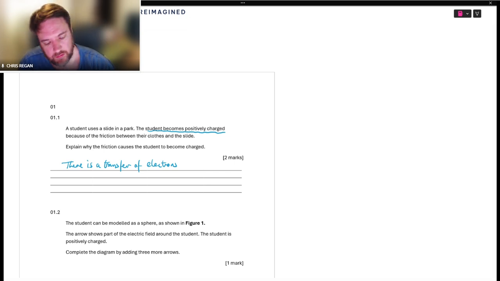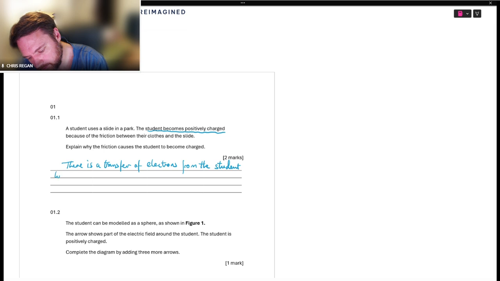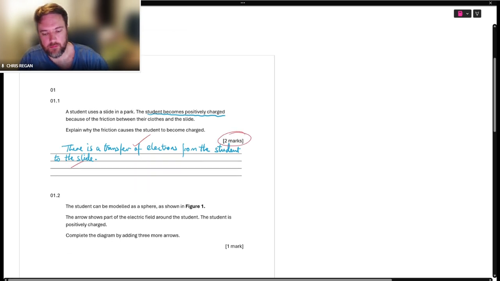Okay, so the transfer is from the student to the slide. So 1 mark for the transfer, 1 mark for the direction as such. 2 marks. Moving on.